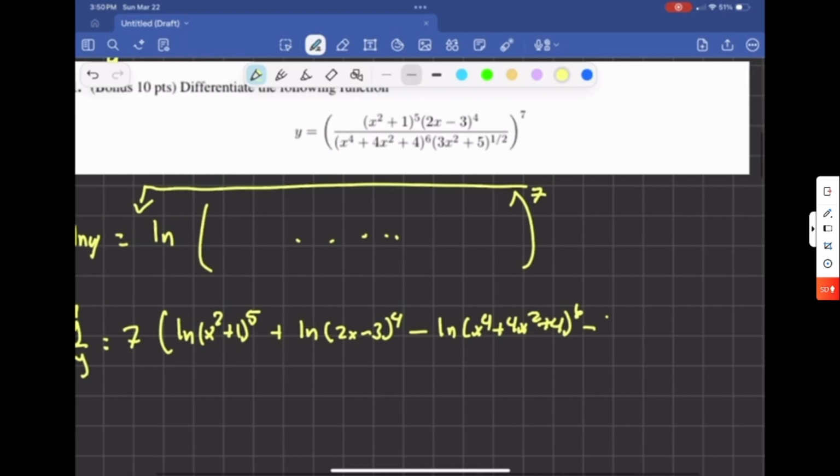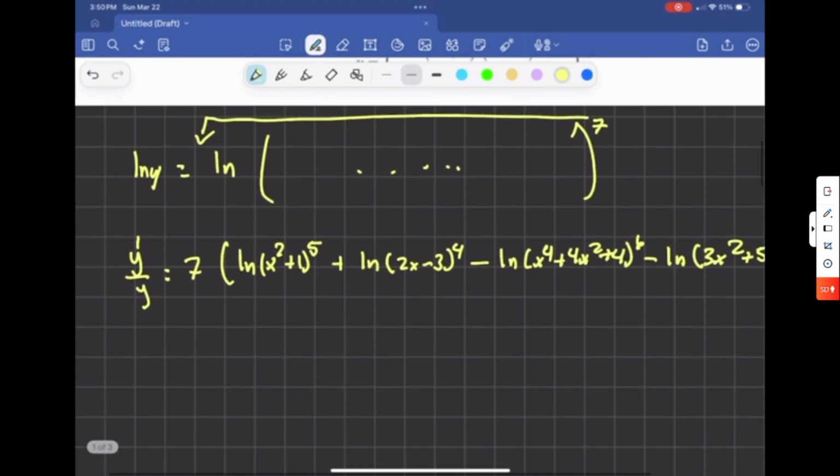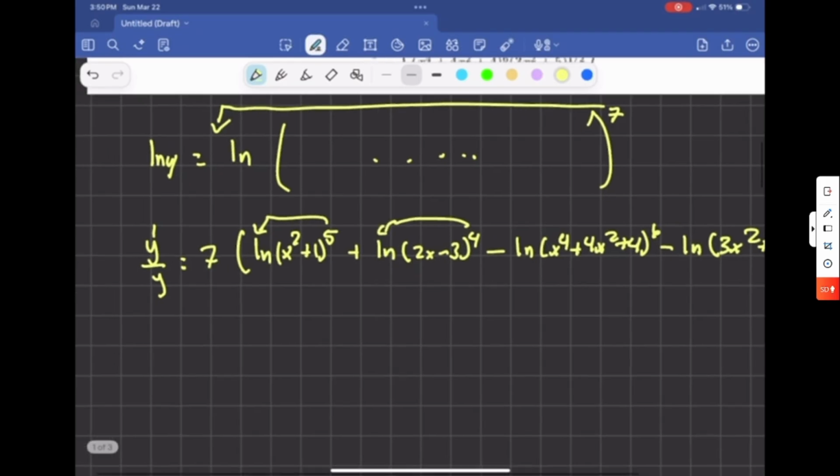minus ln of (3x squared plus 5) to the power of 1/2. So now we want to move all of our powers to the front for every term.